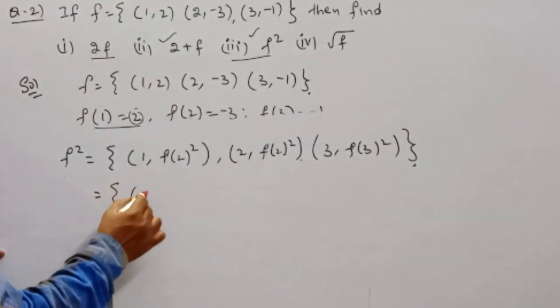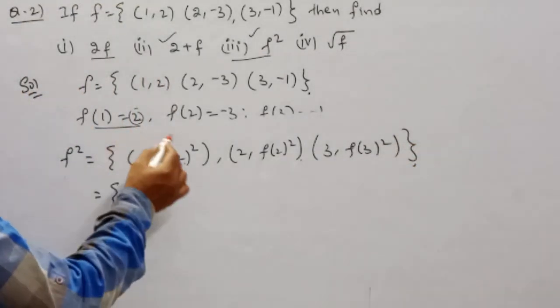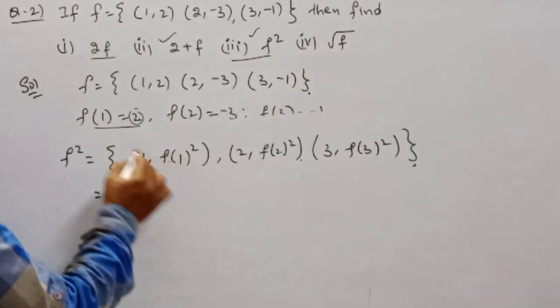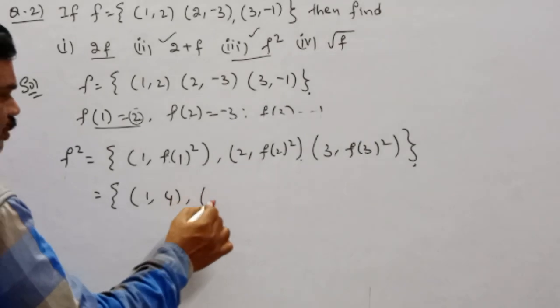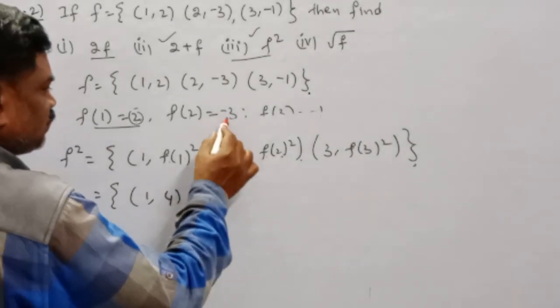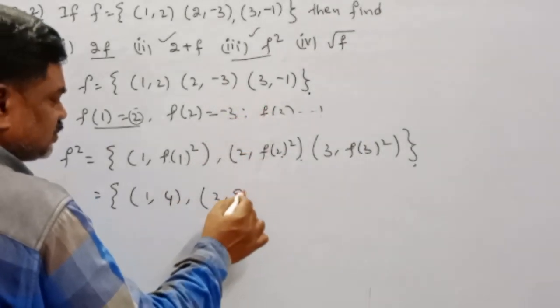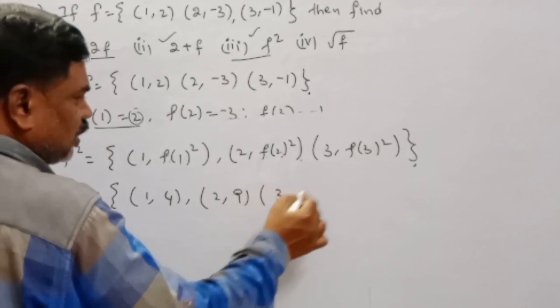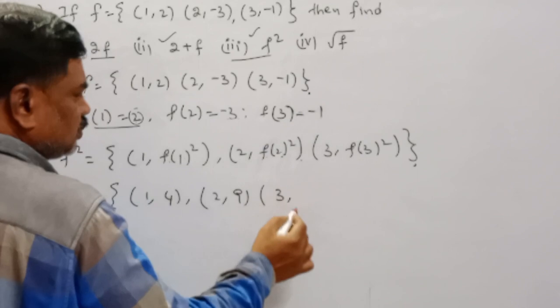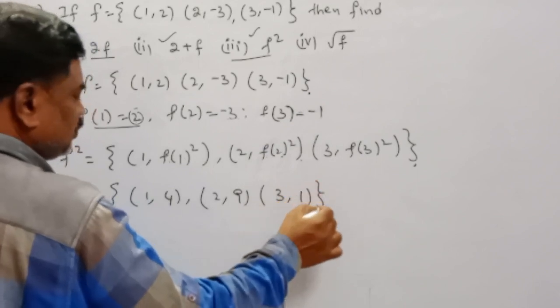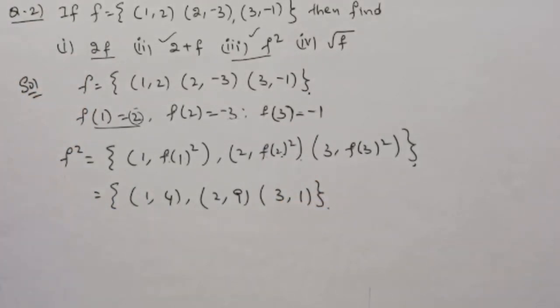So this is (1, f of 1 whole square, 2 square, which is 4), (2, f of 2 square, minus 3 square, this is 9), (3, minus 1 whole square, so 1). This one is the f square.